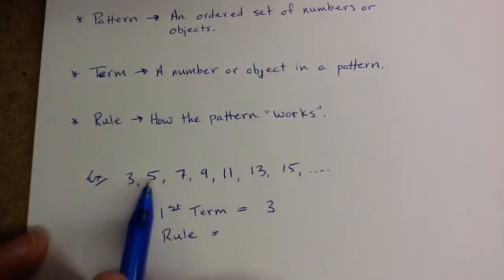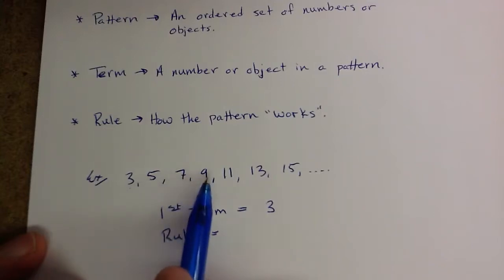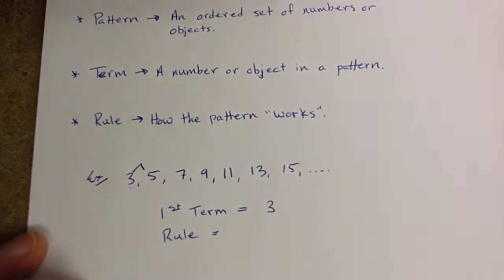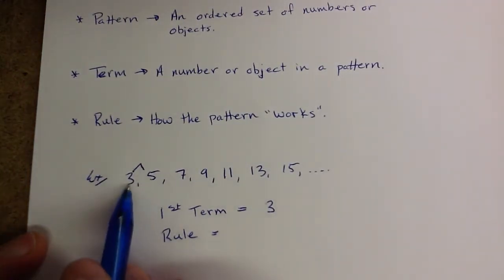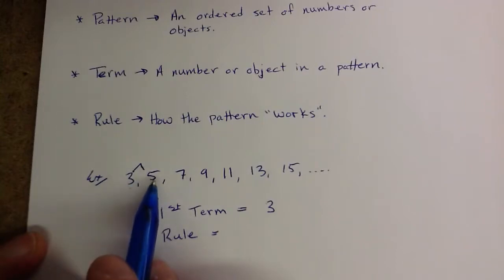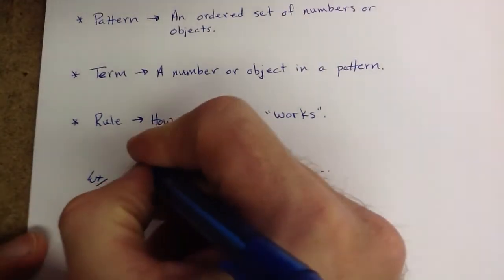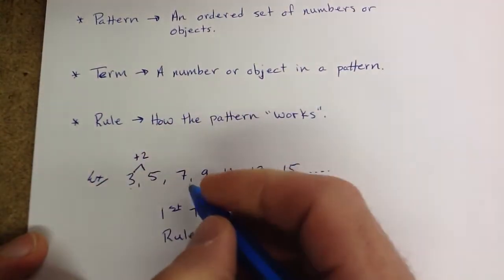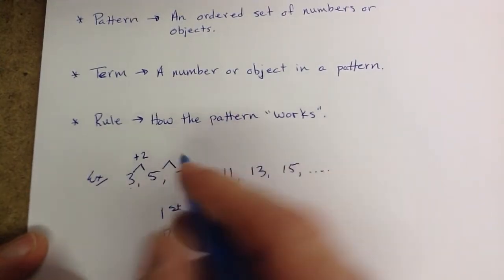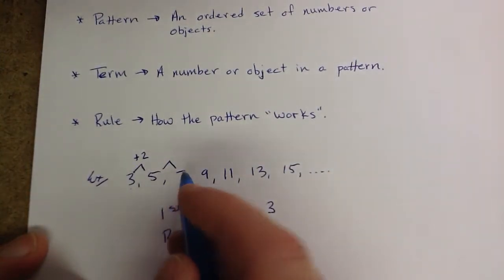To get from 3 to 5, 5 to 7, 7 to 9, 9 to 11, so on and so forth. Well, I know it's going up. So that means I'm either going to multiply or add. Well, can I take 3 times another whole number to get 5? No. So that means I'm going to add. And I add 2. Well, let's see what it takes to get from 5 to 7.